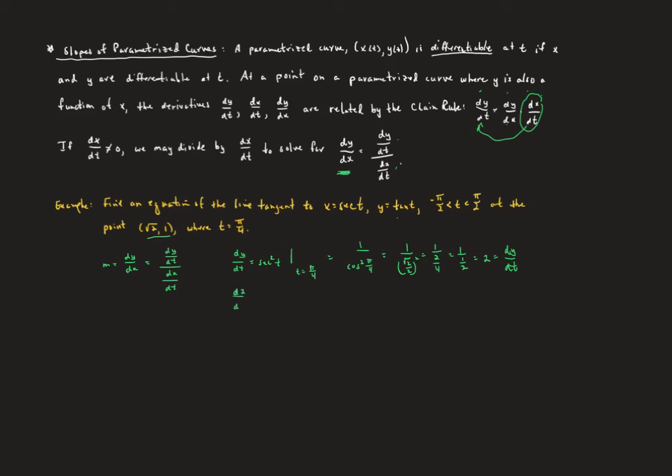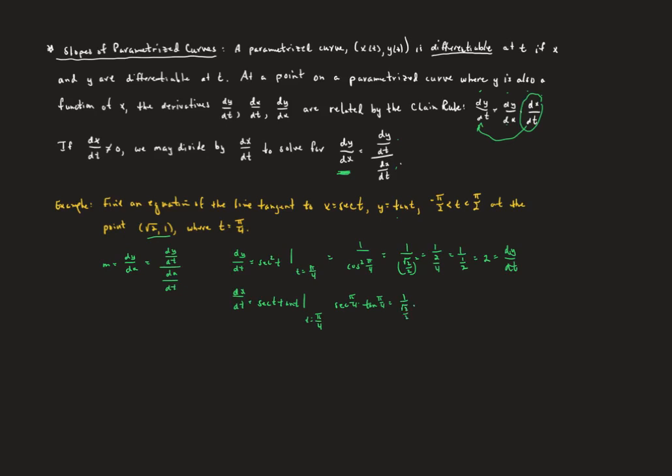The dx/dt, we're going to differentiate secant t, which is going to be secant t tangent t. And that also is going to be evaluated at t equals pi over 4. So that means we're going to get secant of pi over 4 times tangent of pi over 4. Well, secant of pi over 4 we said was 1 over the square root of 2 over 2.